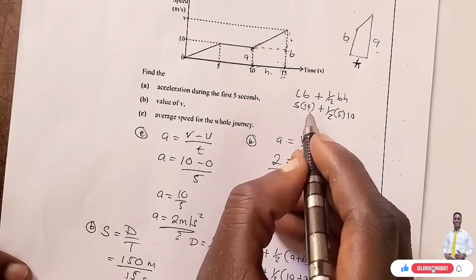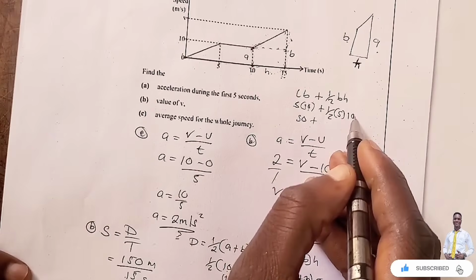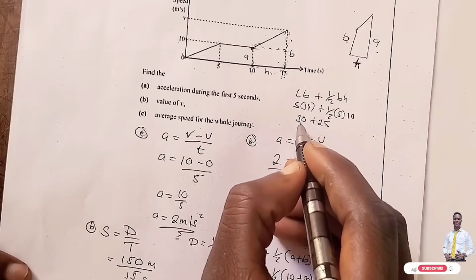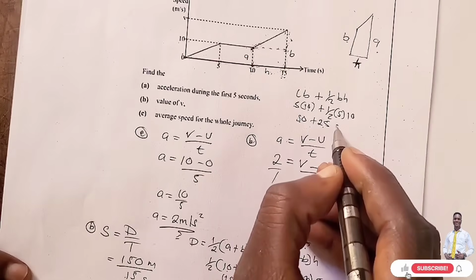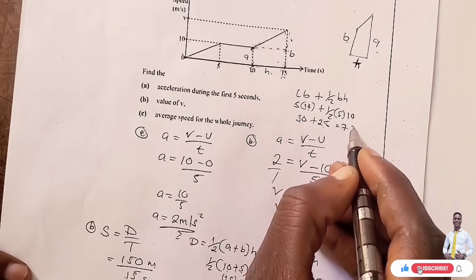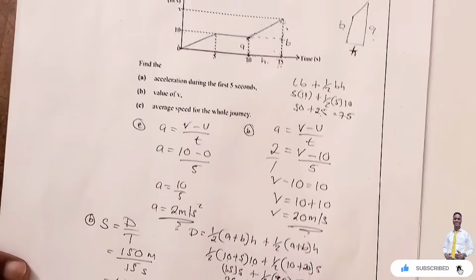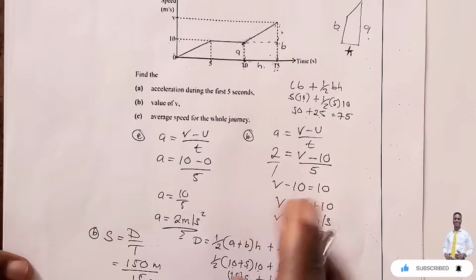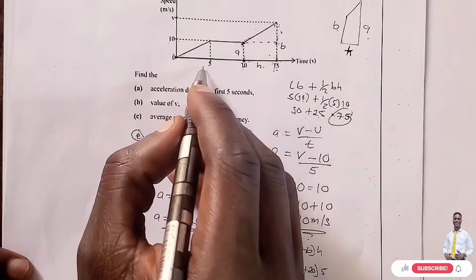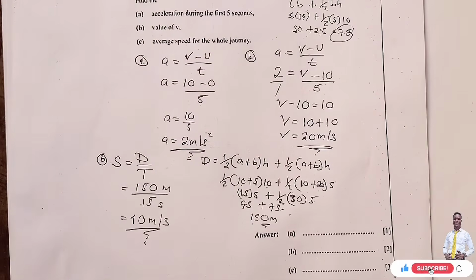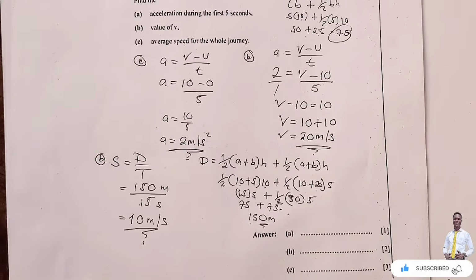This one is 50. 50 plus, what is half of 10? 5. 5 times 5 is 25, so 50 plus 25 is 75, am I right? 75, same as here. So this 75 you've found here, add it to what you found here, and you are good to go with this. So this is how it's calculated. Are we together?